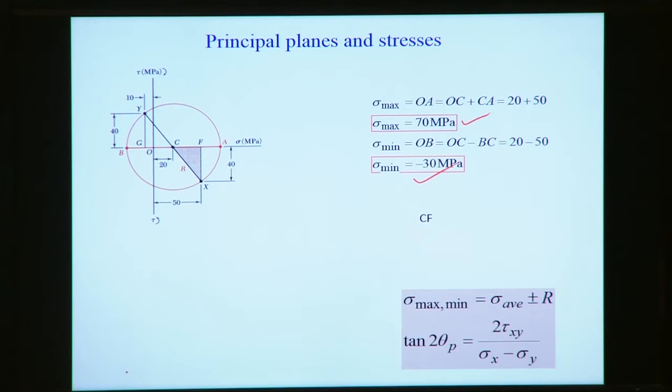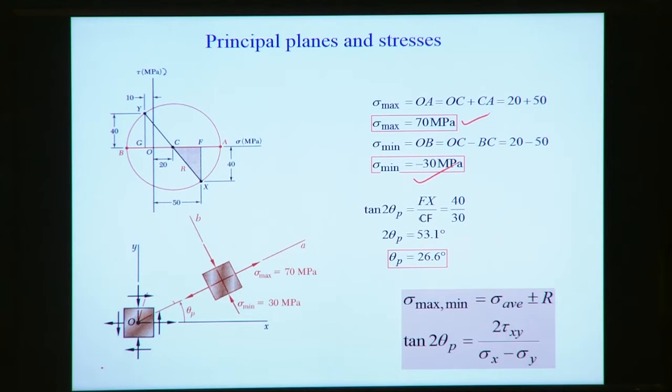Then tan 2 theta p: this angle is 2 theta p, which we can find from the geometry, 40 by 30.